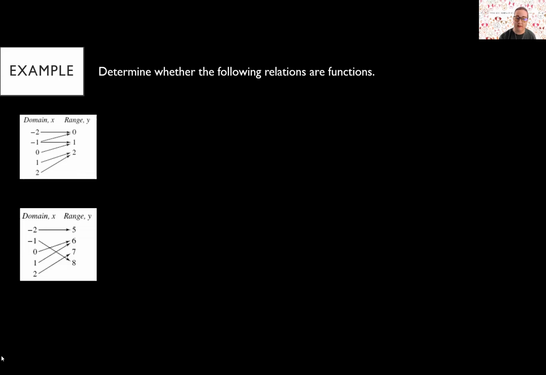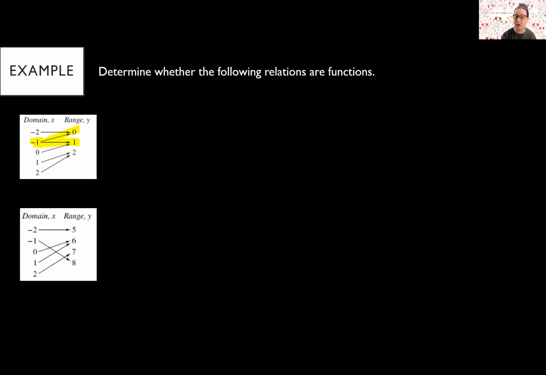So for our first example here, we've got a problem with the number -1, because -1 has 2 arrows going from it. That actually violates our definition of a function, because we've got an arrow going to 0 and then an arrow going to 1.